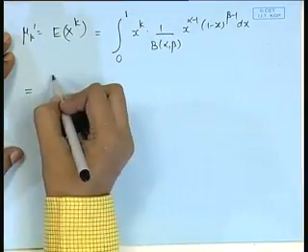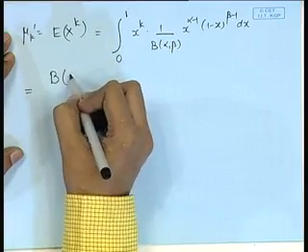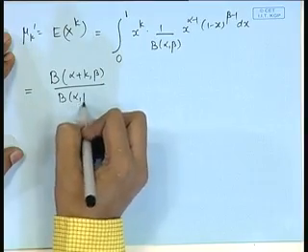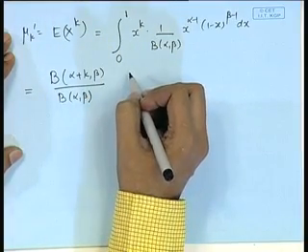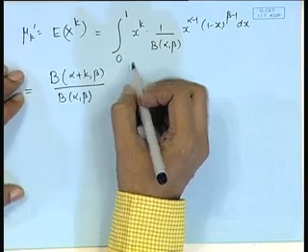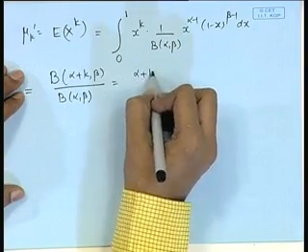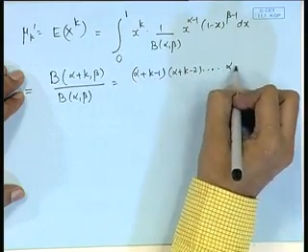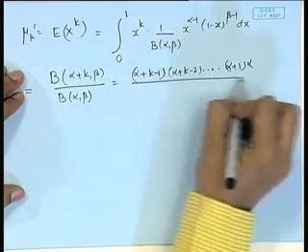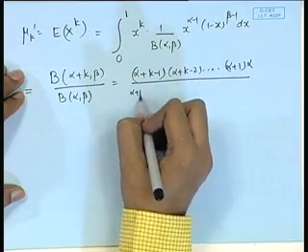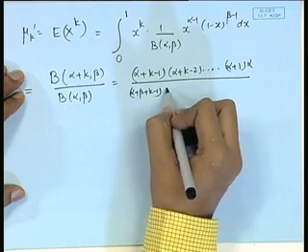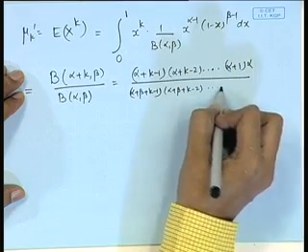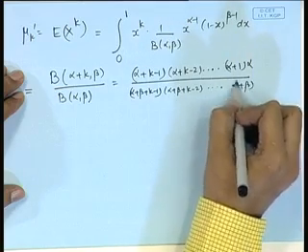So this is nothing but the beta function B(alpha plus k, beta) divided by B(alpha, beta). This can be simplified and we get the expression as alpha plus k minus 1, alpha plus k minus 2, and so on up to alpha plus 1, alpha, divided by alpha plus beta plus k minus 1, alpha plus beta plus k minus 2, and so on up to alpha plus beta.